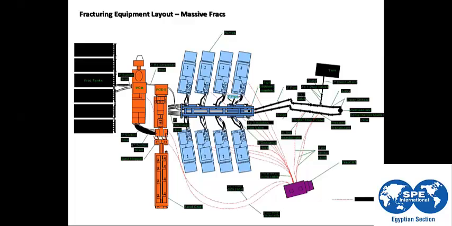So in this manifold we have the high pressure manifold, which is the discharge for the high pressure pumps, to connect these two lines to the wellhead. So we have the low pressure manifold working as a suction for the pumps and the high pressure manifold working as a discharge for the high pressure pumps.